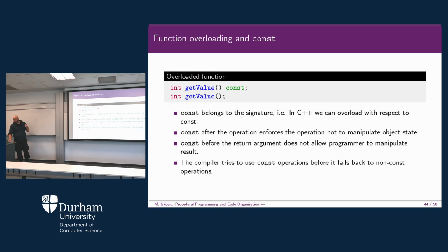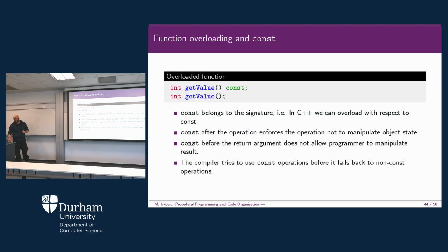So if you put it after the declaration, so int get value and then const, this means this function will not modify the object state, whatever the object this function is attached to. This will not modify the state. This is going to be a read-only function, which will return an integer.